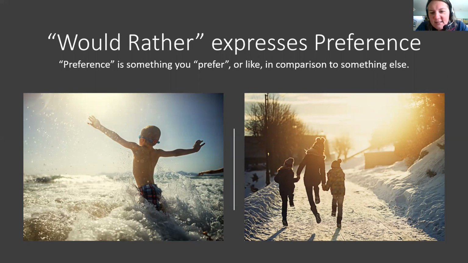On the right are some kids skipping down the road in wintertime. Which season do you prefer? Do you prefer the warmth of summer, being out in the heat? Or do you prefer the cold of winter and getting lots of snow? Which one do you like in comparison to the other?